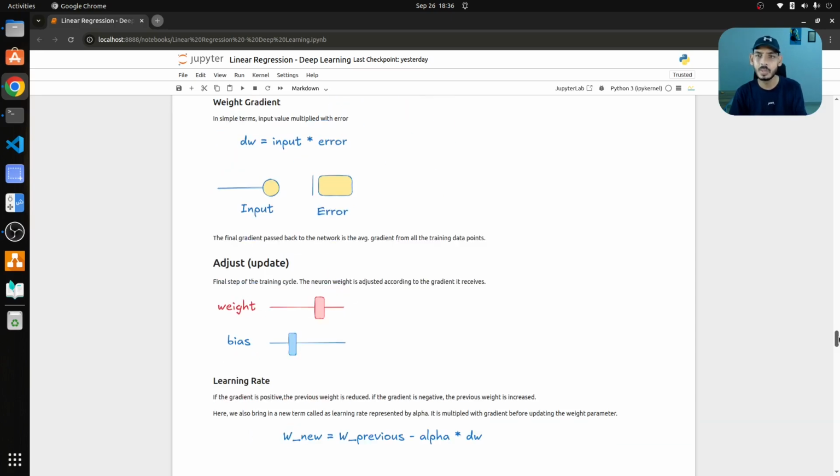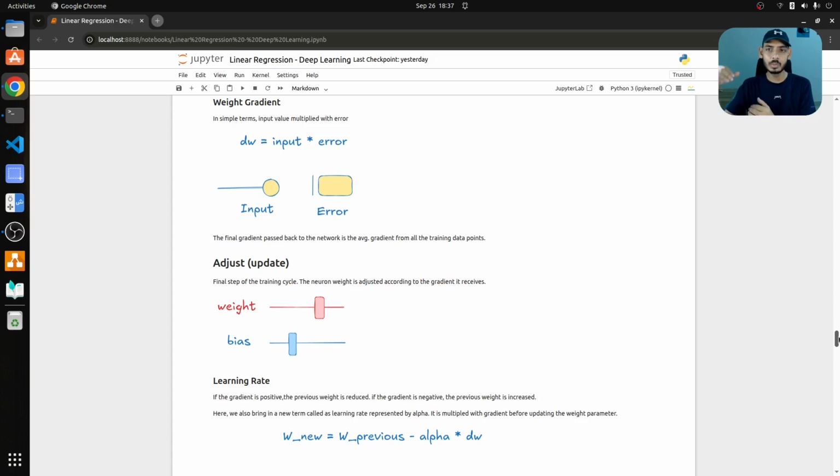Now let's talk about weight gradient, which means the derivative of the loss function with respect to weight. When we want to update a previous weight with the updated weight, we have to calculate something called dW, which is nothing but input into error.